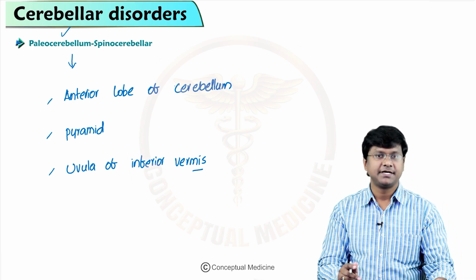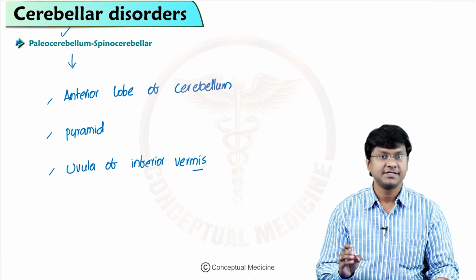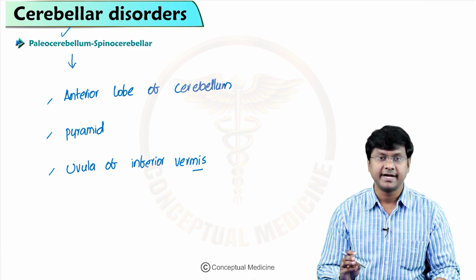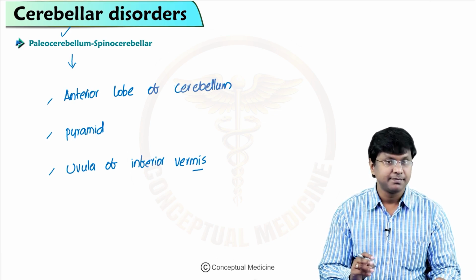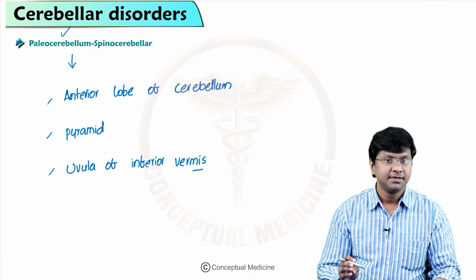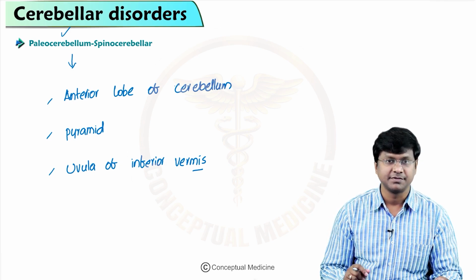Whereas the archicerebellum is made up of the flocculonodular lobe and the lingula, the paleocerebellum is made up of the anterior lobe, pyramid and the uvula of the inferior vermis.